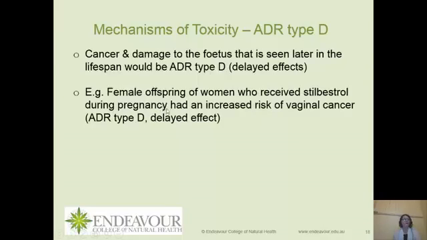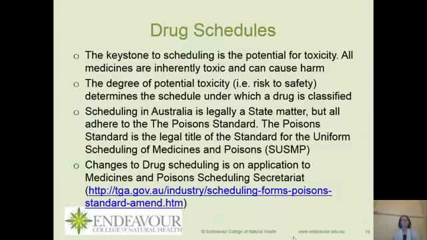If used during pregnancy by the pregnant woman, there was an increased risk of vaginal cancer, but not in that woman, in her female offspring. So now you can clearly see why it is a delayed effect there. And so you may be looking at environmental toxins that once again have a delayed effect on the next generation.